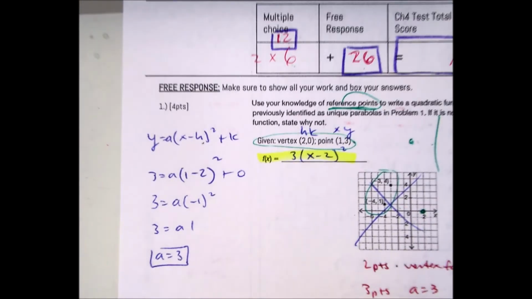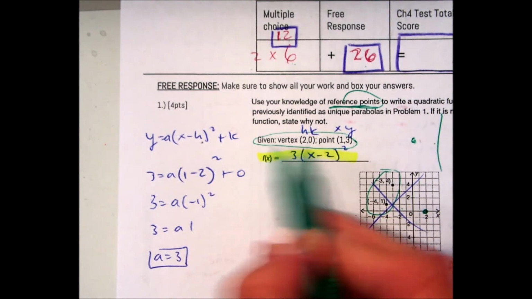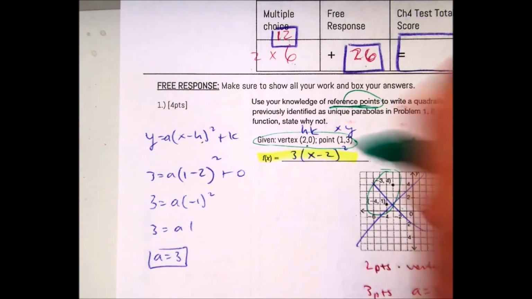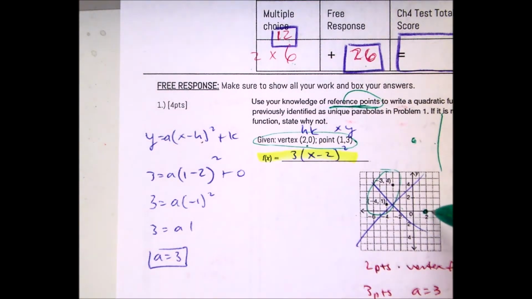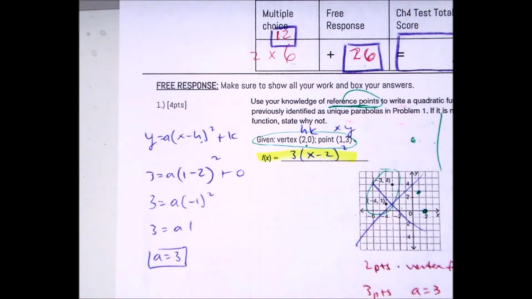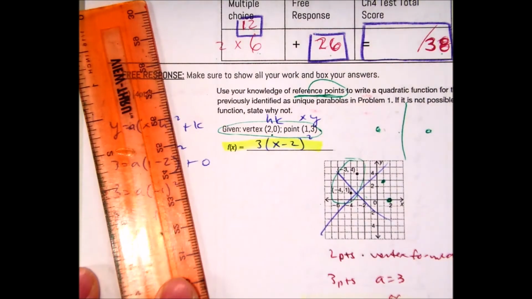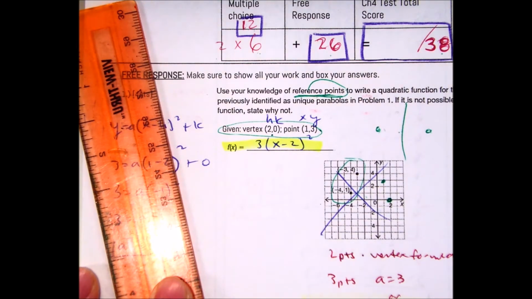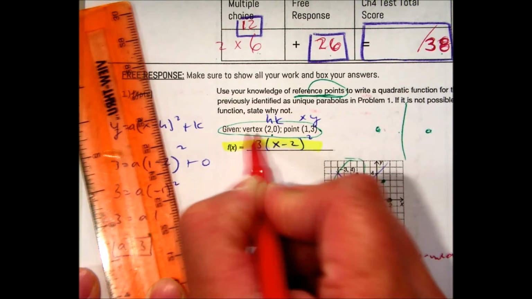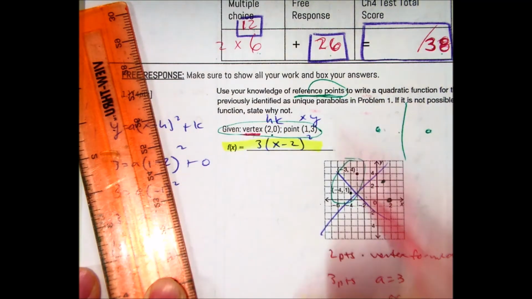Now let's think about it. They gave us a vertex, 2, 0. And they give us a point 1, 3. Right 1, up 3. Okay, so how could you use symmetry to get another point on this? Well, if I know this is the vertex, that means I know it's the highest or lowest point, right?